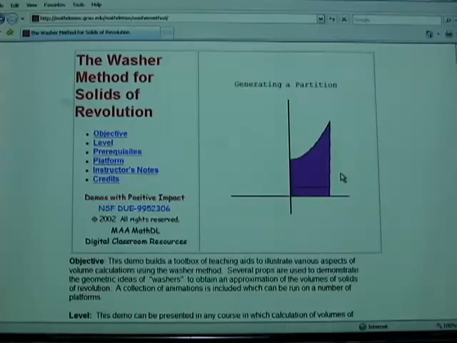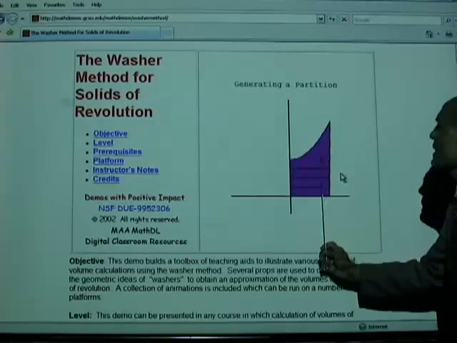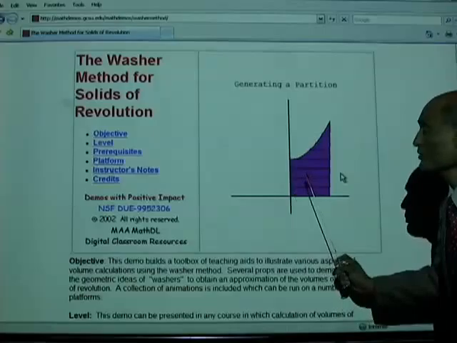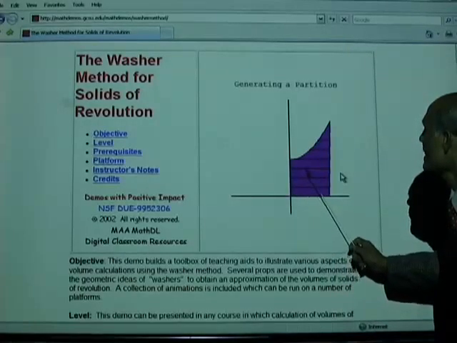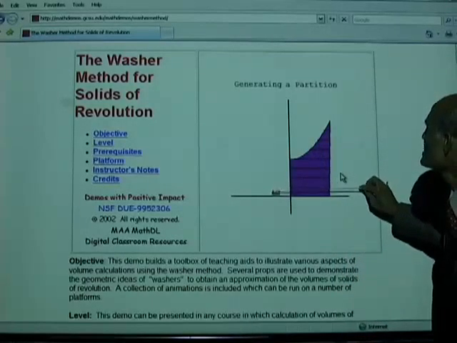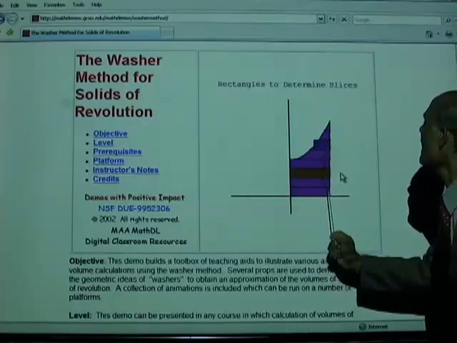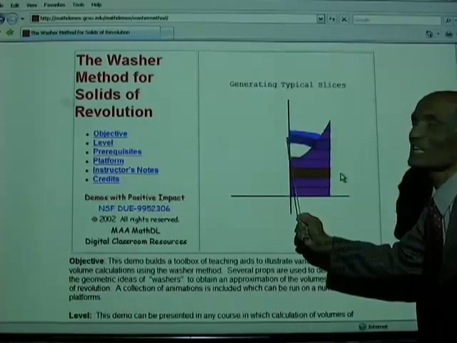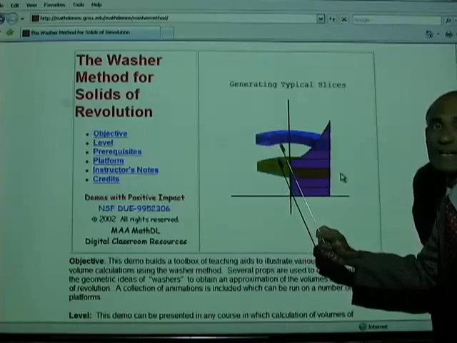Now look at this. We are revolving this area about the y-axis. The first thing we do is divide this into various dAs and see how each of the areas is revolved. I want you to watch that.